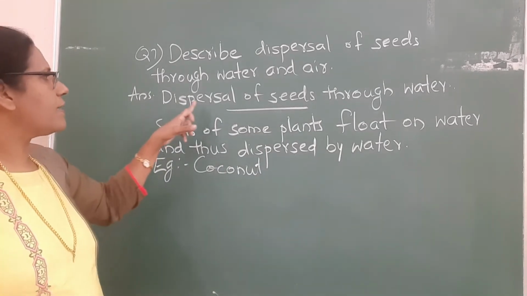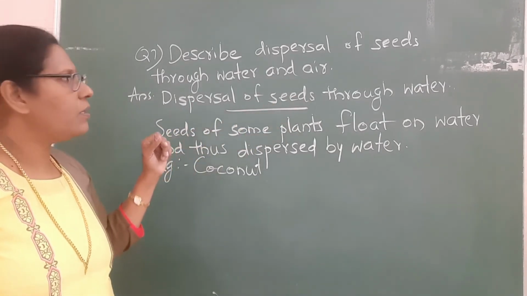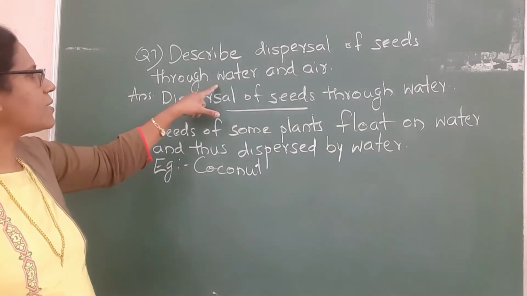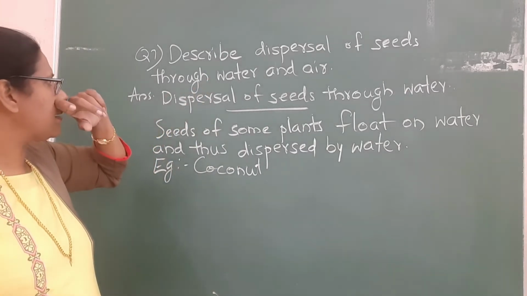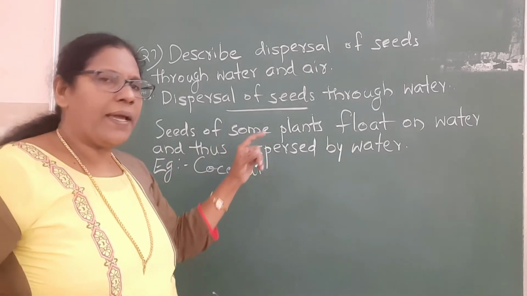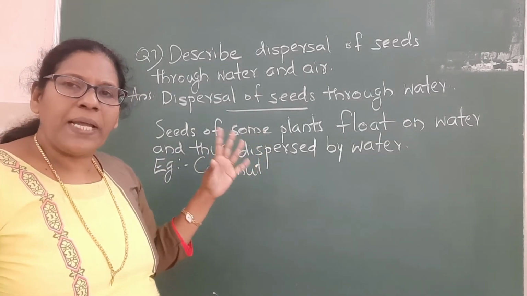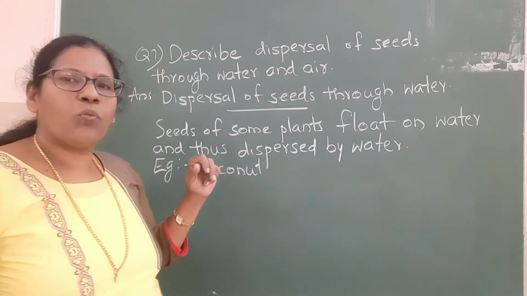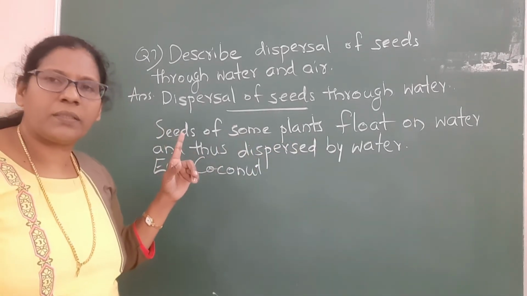First point, dispersal of seeds through water. Let us answer first how seeds disperse through water. Seeds of some plants float on water. Example, coconut.